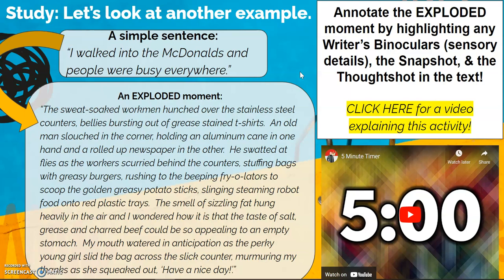All of those are really great details in a lot of ways. You should have multiple things underlined. There's more than what I'm going to mention here, but workers scurrying behind counters would be a really good example of another sight one. Greasy burgers might be something that you could actually touch. Beeping fryolators is something that would be a sound sensory detail. So again, be underlining and highlighting as we go.